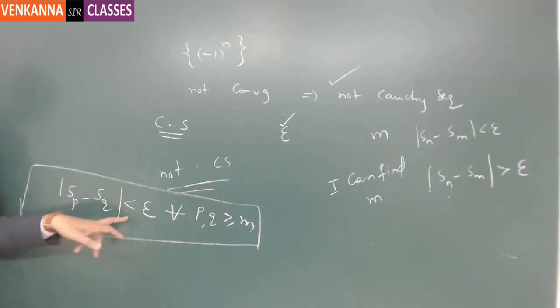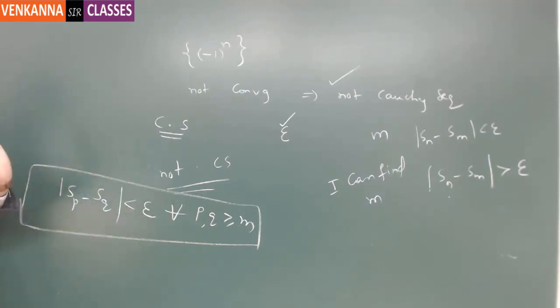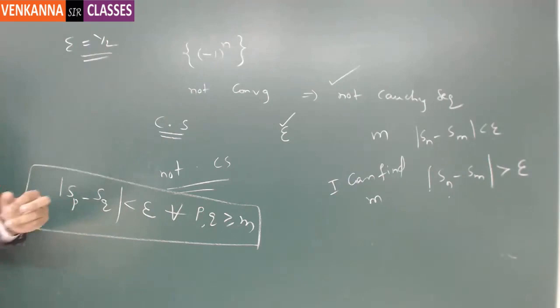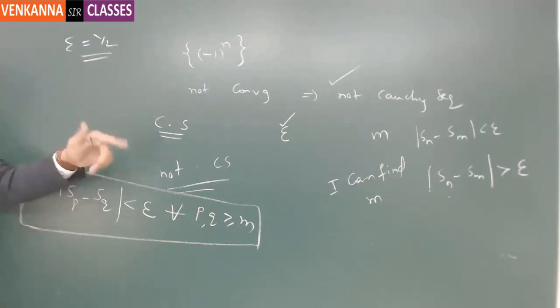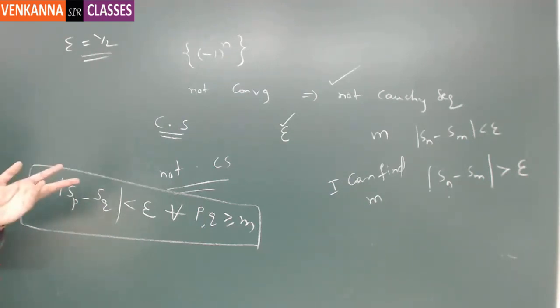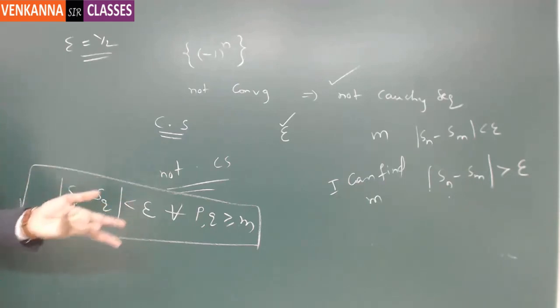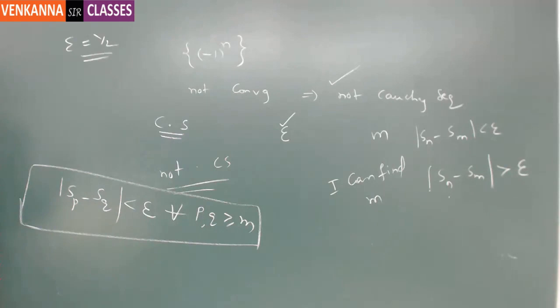If it is greater than epsilon, it is not. So let us take epsilon equal to 1 by 2. If I am able to specify that in the listed sequence I can find two terms whose difference is greater than this value, then I am done. Accepted? It is not satisfying Cauchy's criterion, so it is not a convergent sequence. Are you getting it?